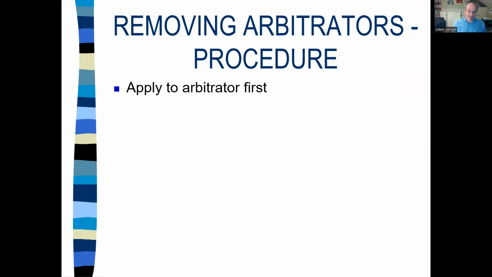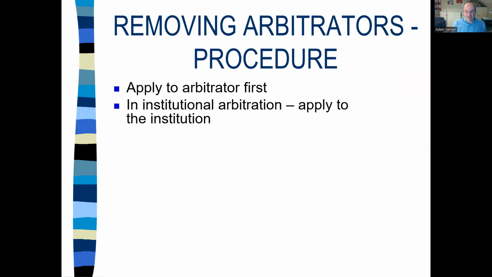Generally speaking, always ask an arbitrator to resign first. It's a polite way to behave. It also is required in many cases by arbitration rules. Then, if you've agreed to the institutional rules, you've got an institution that's typically happy to deal with the problem.